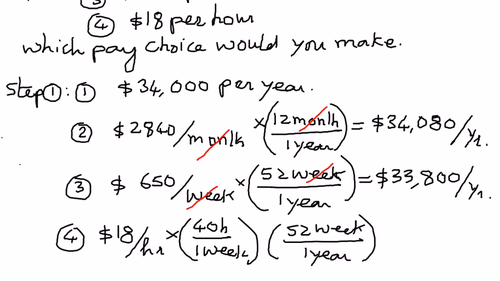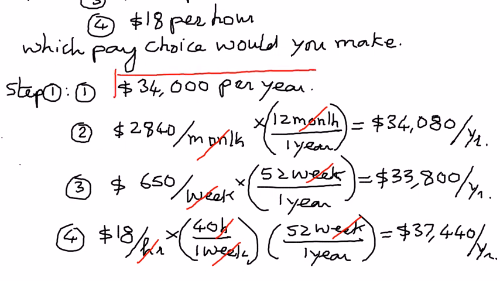So when we simplify this, the hours in the denominator and the hours in the numerator cancel out, the weeks in the denominator and the weeks in the numerator cancel out. Therefore, 18 times 40 times 52 gives us a value of $37,440 per year.